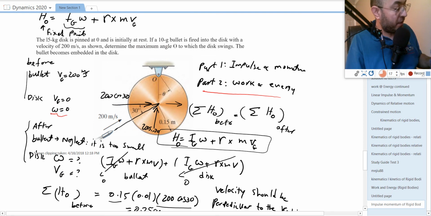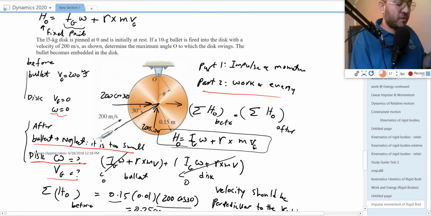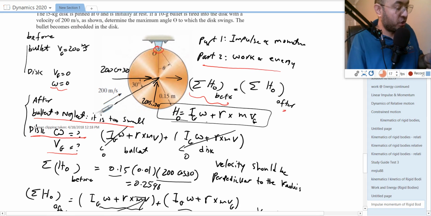Then after the impact, the bullet is neglected because it's too small. For the disc, we don't know omega and we don't know Vg. So we use the same process as in the other problem. We know H about point O, which is the point of rotation here. Sum of HO before is equal to HO after, and H itself is Ig omega plus R cross m Vg.